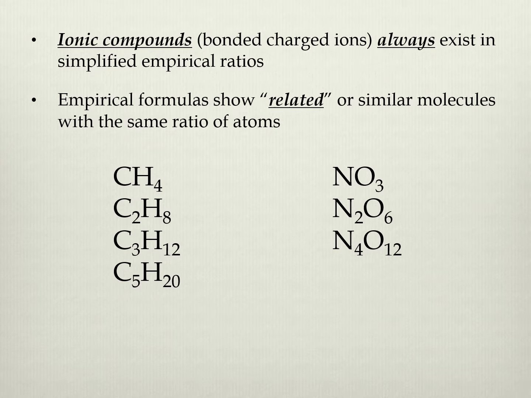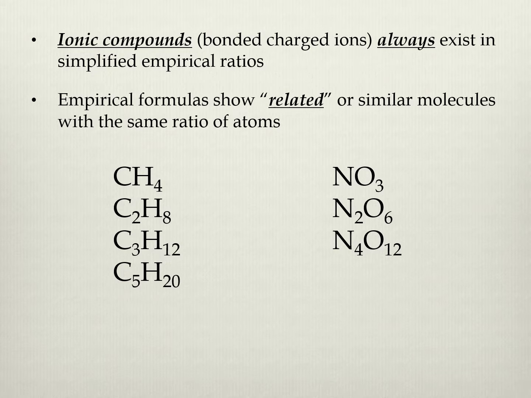Like if you had a large salt crystal compared to a small salt crystal, there's no point in counting, is it 10,000 of these things or 5? All you care about is that there's 1 sodium for every chlorine. There were 2 silvers for every 3 oxygens. You just care about that simplest empirical ratio, empirical formula. So when you're talking about these ionic compounds, it's always going to be the empirical formulas you're talking about.